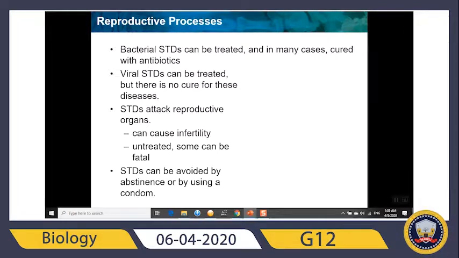So basically, when do STDs occur? They occur with irregular sexual intercourse, and unclean or unsanitized sexual intercourse. It means you need to maintain your personal hygiene, as well as others, the male and the female.